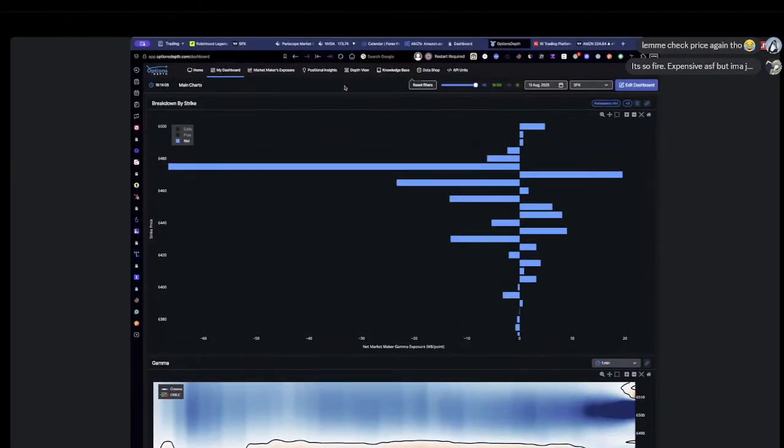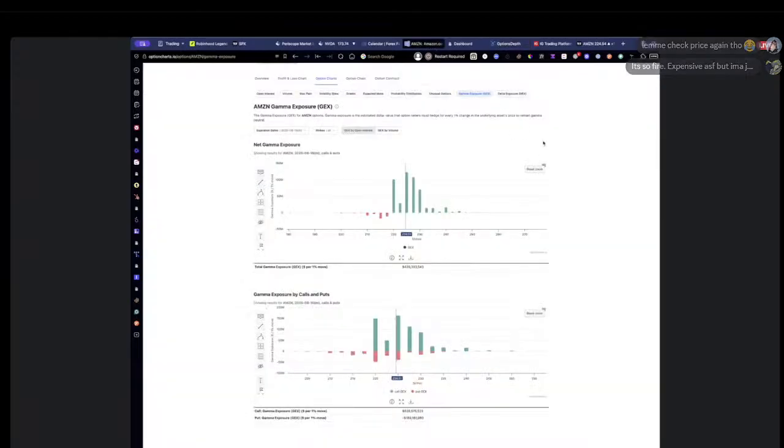For individual tickers, you can use Unusual Whales, or you can use optioncharts.io. I prefer optioncharts.io because I think it's just a little bit better and more user-friendly, but it's going to give you the same information, so it doesn't really matter what you use.